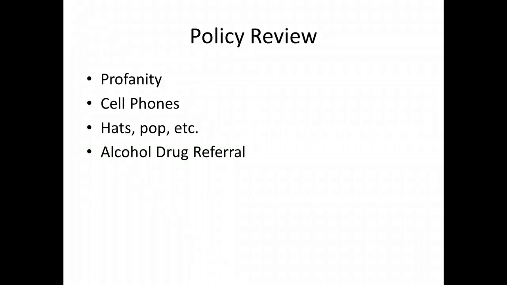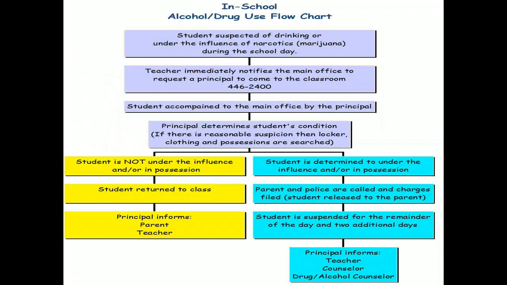And then I want to spend just a little bit of time here with alcohol drug referral. I created a flow chart here not so long ago that tells us the order in which we should report that information. What's most critical in this flow chart is making sure that you call the office as soon as you suspect a student to be under the influence of alcohol or drugs.